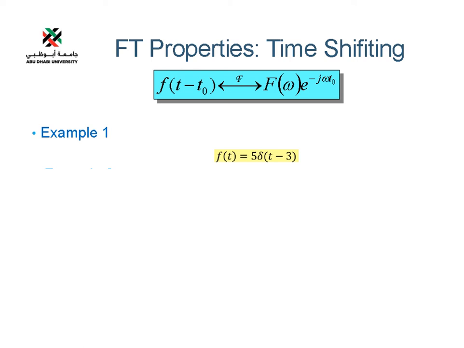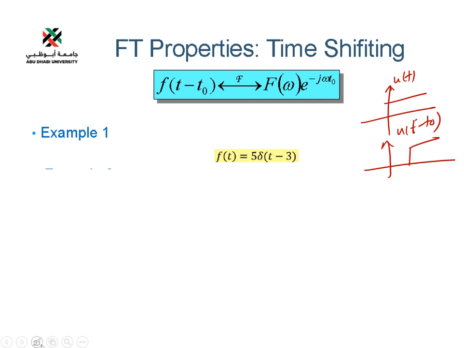The next is the time shifting property. What is the time shifting property? We know that, for example, if this was our unit step signal, then this is our shifted unit step signal. In other words, if this is my f of t, then this is my shifted f of t, right?